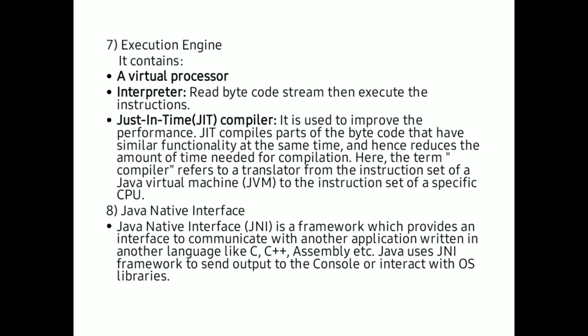So if some methods have the same functionality, the similar functionalities in that bytecode can be executed at the same time by the JIT. That accelerates the execution and reduces the amount of time needed for compilation.